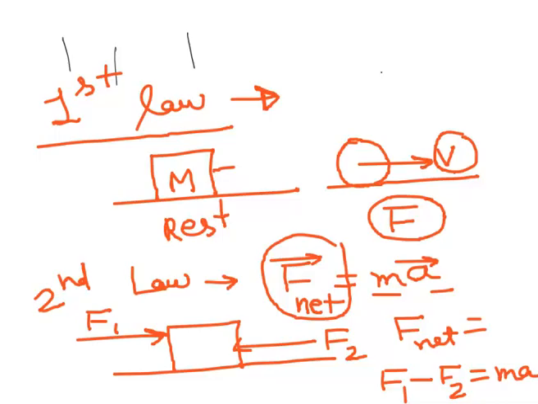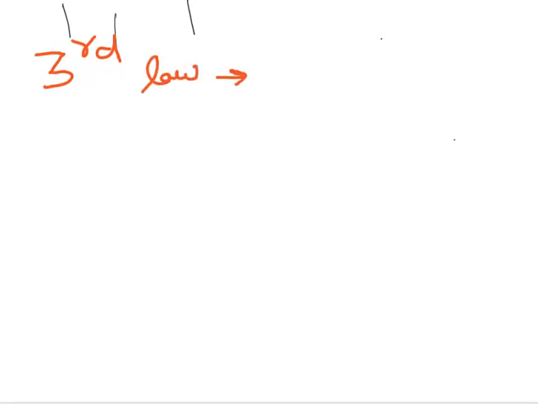Now moving towards the third law of motion. Newton's third law says that if two bodies interact, then they apply equal force on each other, and these forces are in opposite directions.